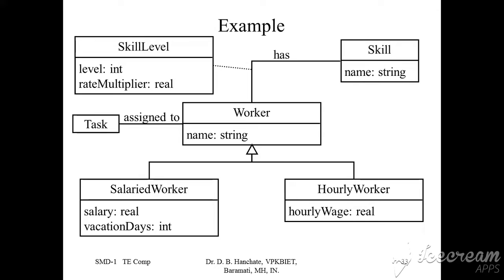So it's task assigned to the worker, worker's name. Now salaried worker and hourly worker, which we have seen already. Salary is a real data type. Vacation days for salaried workers; hourly workers do not have vacations but have an hourly wage, and then we have defined it as.